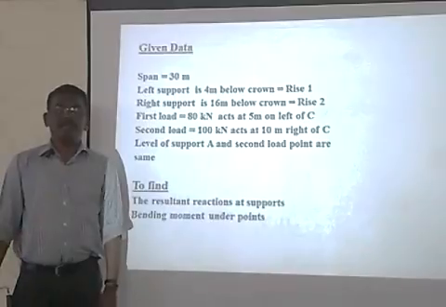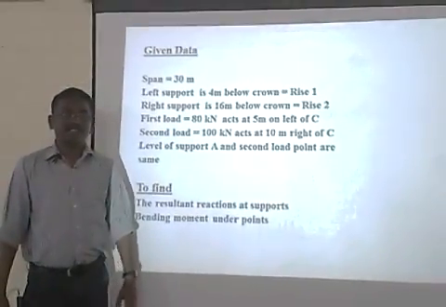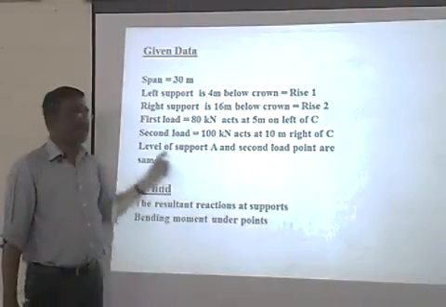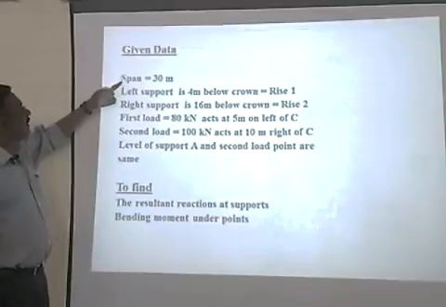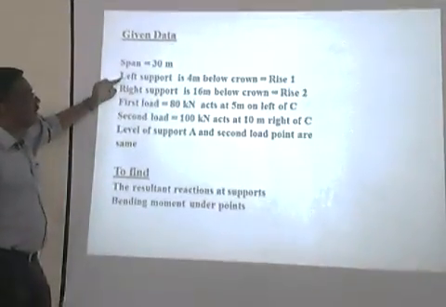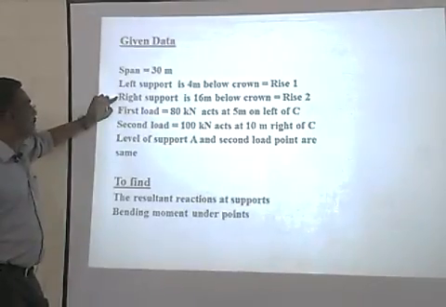To solve the problem based on the given condition, it is better to write the given data separately. The given data are: span of the arch is 30 meter, left support is 4 meter below the crown, that is rise 1. Right support is 16 meter below the crown, that is rise 2.